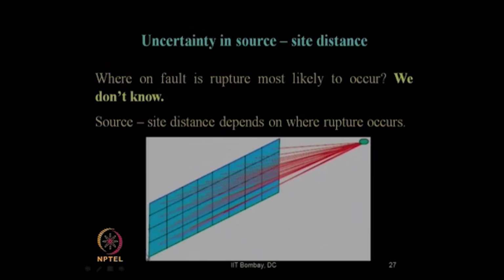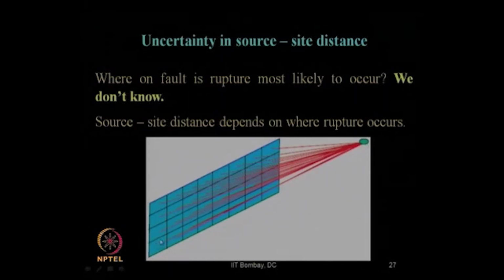entire fault, whether it is a length or whether it is an area, into a small number of segments, and for each of the small portions within that fault, from the center of that fault portion or subdivided area, you find out what is the distance from this site.